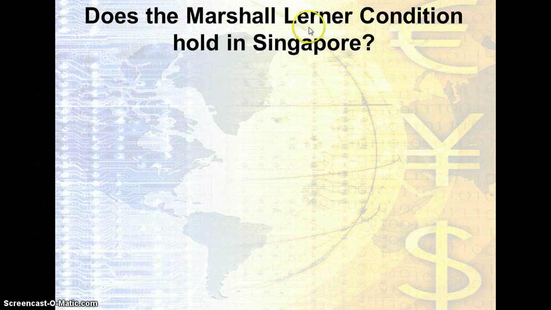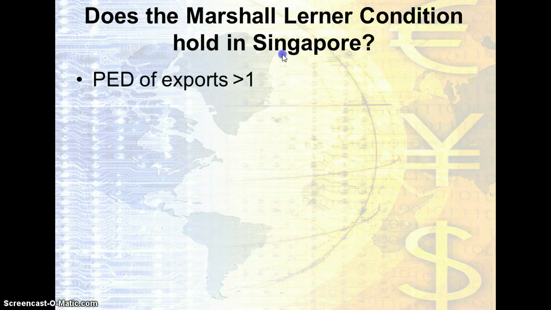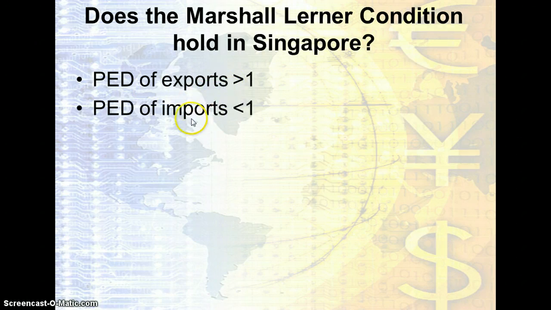Alright, does the Marshall-Lerner condition hold in Singapore? Think about, is the demand for export price elastic or inelastic? Is the demand for import price elastic or inelastic? So in the case of Singapore, our demand for export is price elastic. On the other hand, the demand for import is price inelastic, less than 1.